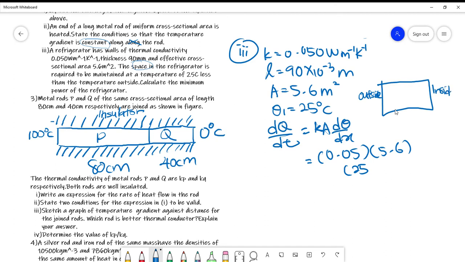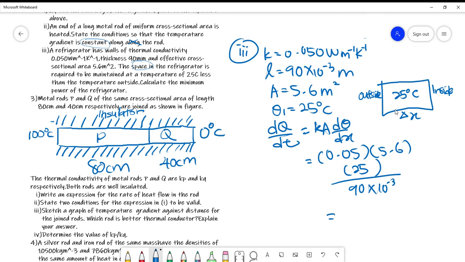Between outside and inside, the change in temperature is 25 degrees Celsius, and the change in x is 90 times 10 to the power negative 3.